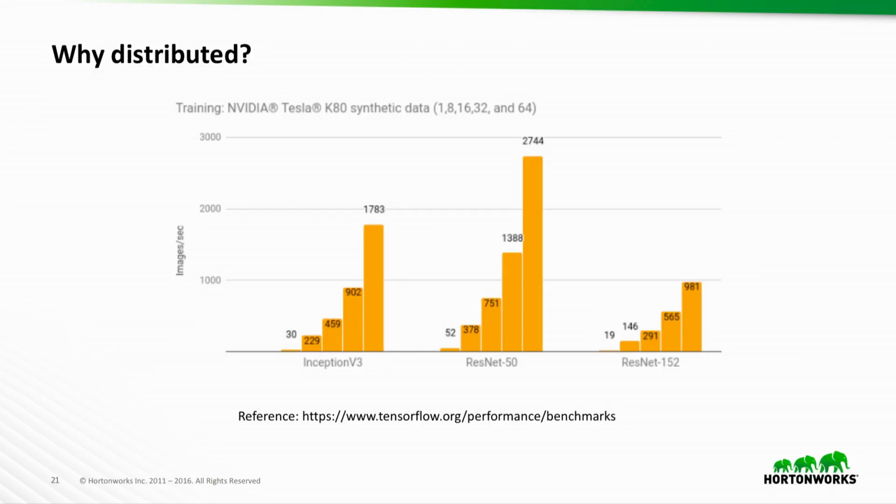The y-axis is throughput. Here is 64 GPUs and here is 32 GPUs. Libraries like NVIDIA, PyTorch or MXNet can scale very well.